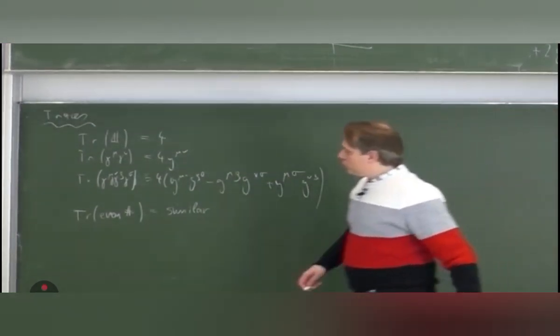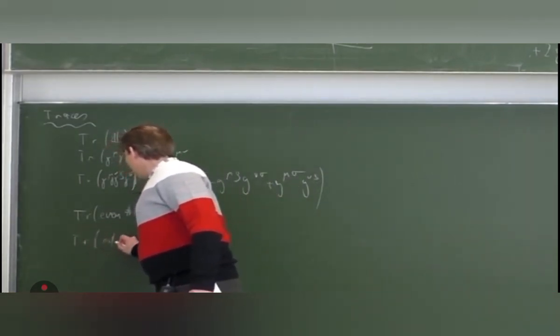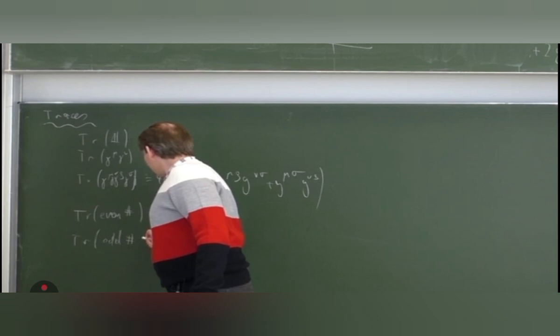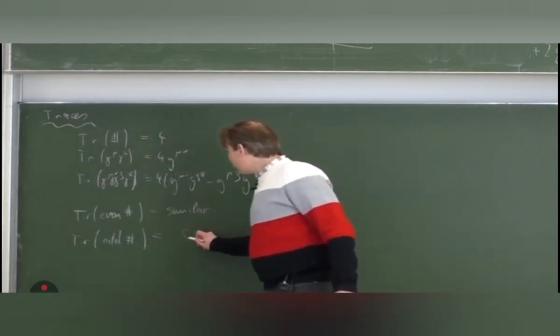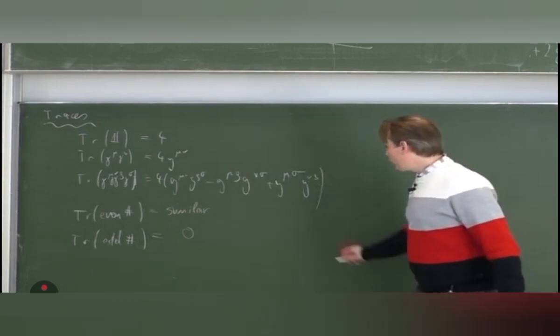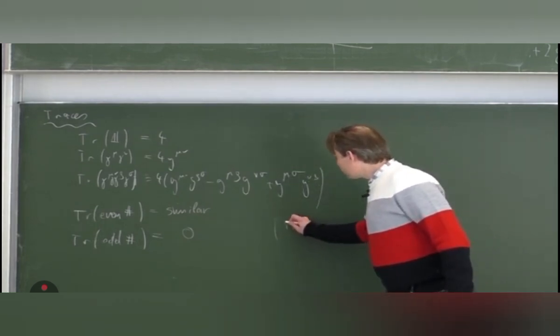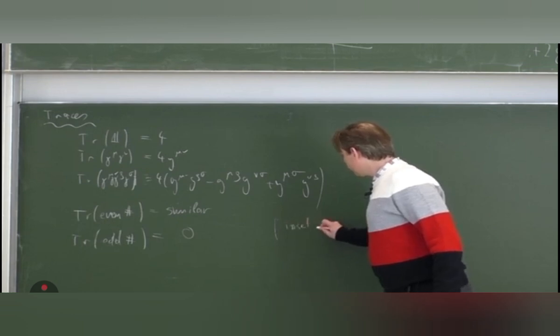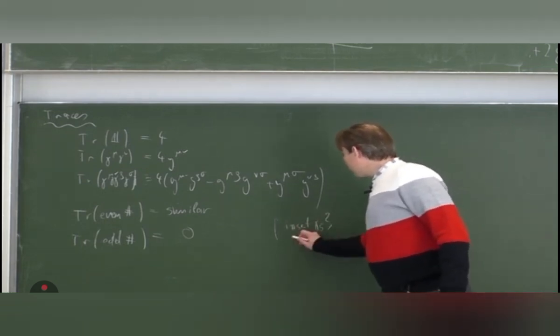Now, the next thing is what happens if we have an odd number of gammas. That is actually 0. And just to give the reason, insert gamma 5 square and use cyclicity.